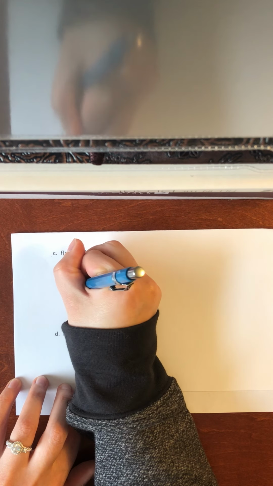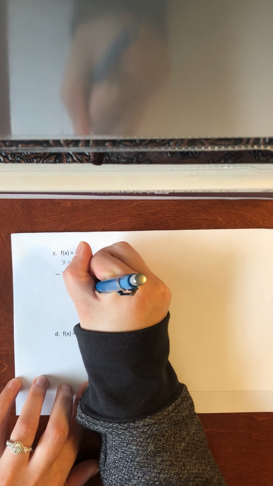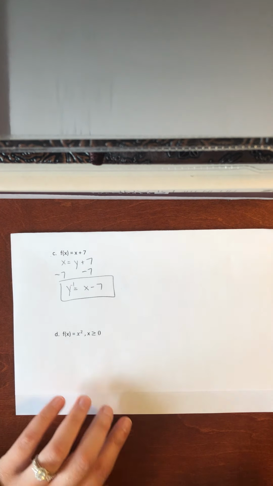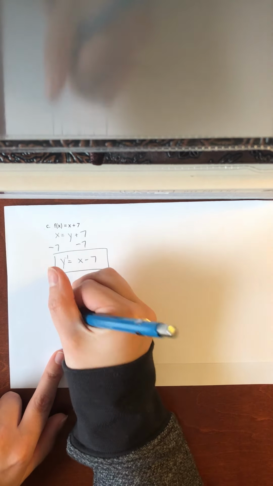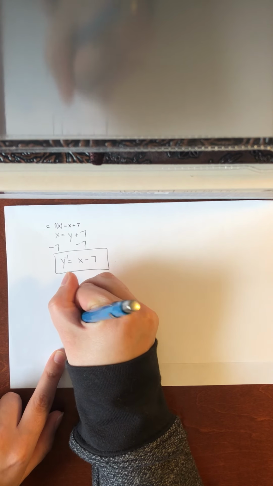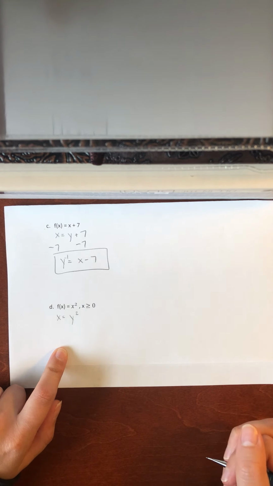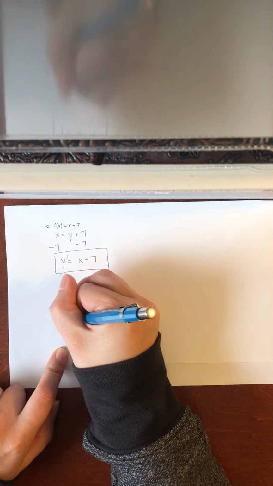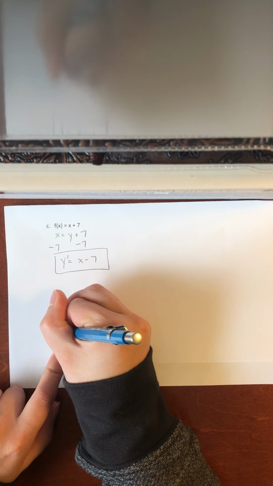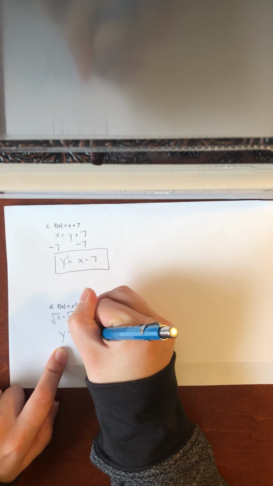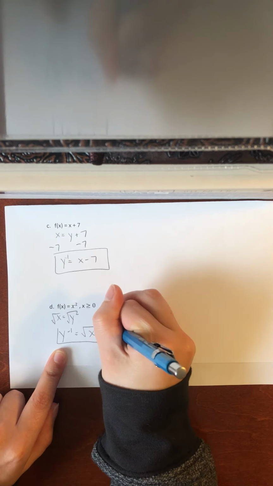So it's simply just y inverse equals x minus 7. Simple. This one, x equals y squared. First step, substitute your values. Solving for y, square root. y inverse equals square root of x.